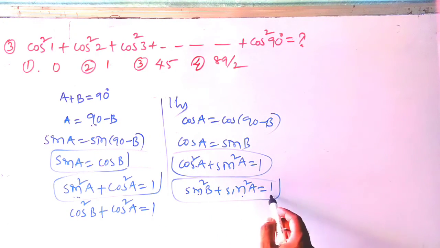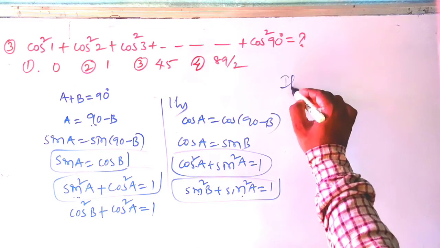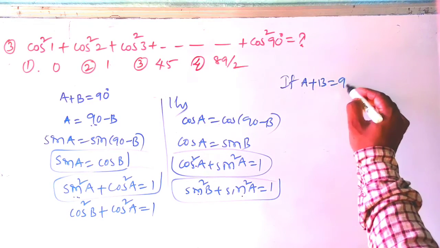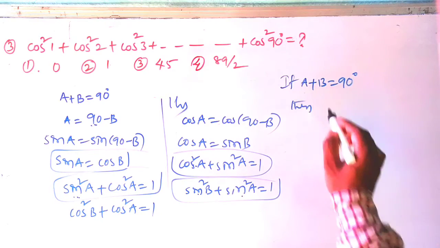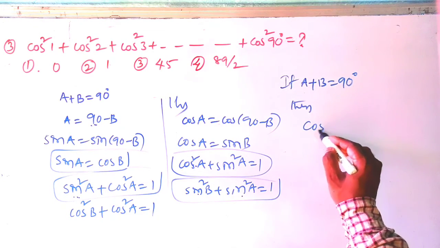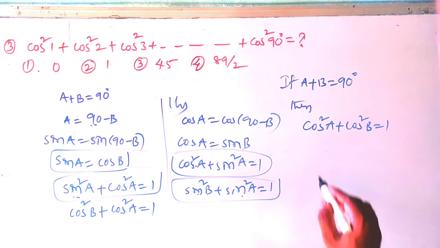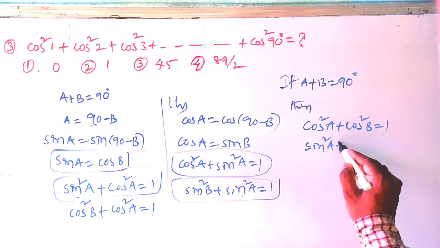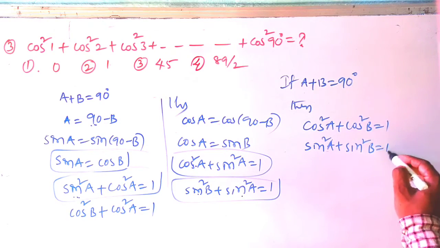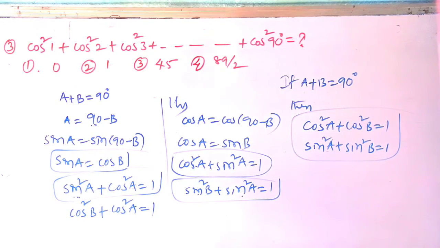So sin square b plus sin square a equals 1, and cos square b plus cos square a equals 1. So if a plus b equals 90 degrees, then cos square a plus cos square b is equal to 1, and sin square a plus sin square b is also equal to 1. Clear?